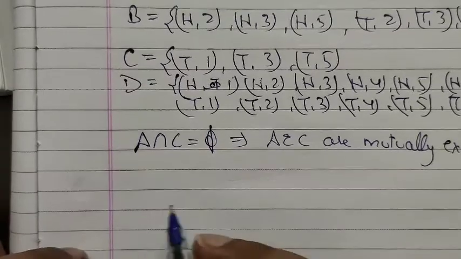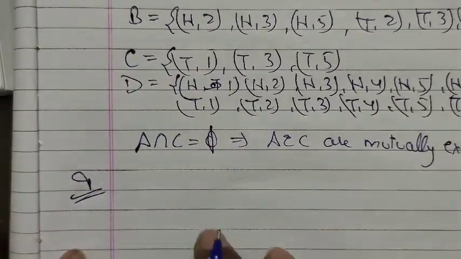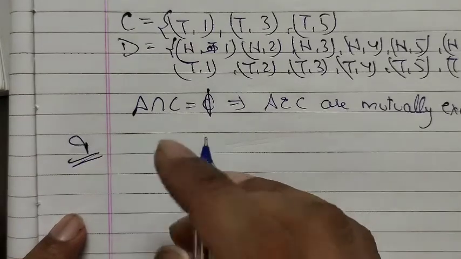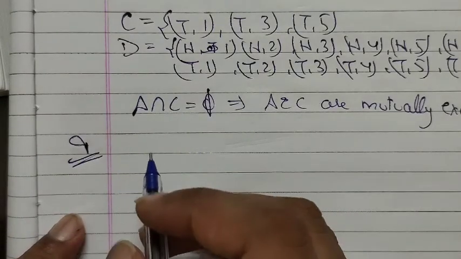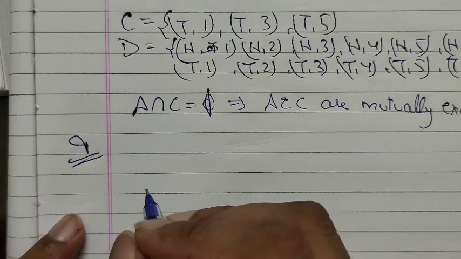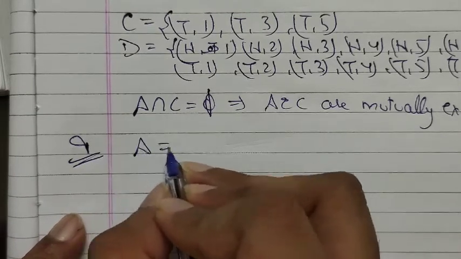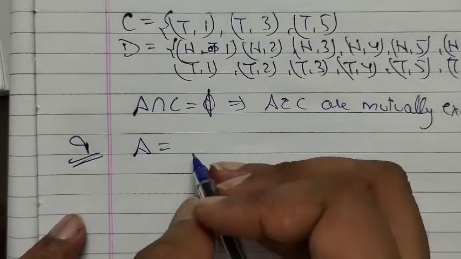Okay, 9th question. Two dice are thrown and the sum of numbers which come up in the dice is noted. Describe the following events with the experiment. A, getting a sum as an even number.